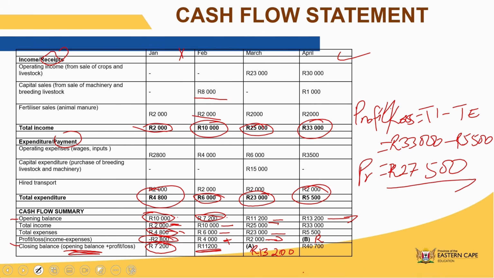So it's 27,500, right? Let's confirm whether the closing balance is correct. So we'll say 27,500 plus the opening balance, which is 13,200. It's 40,700, meaning it is correct.